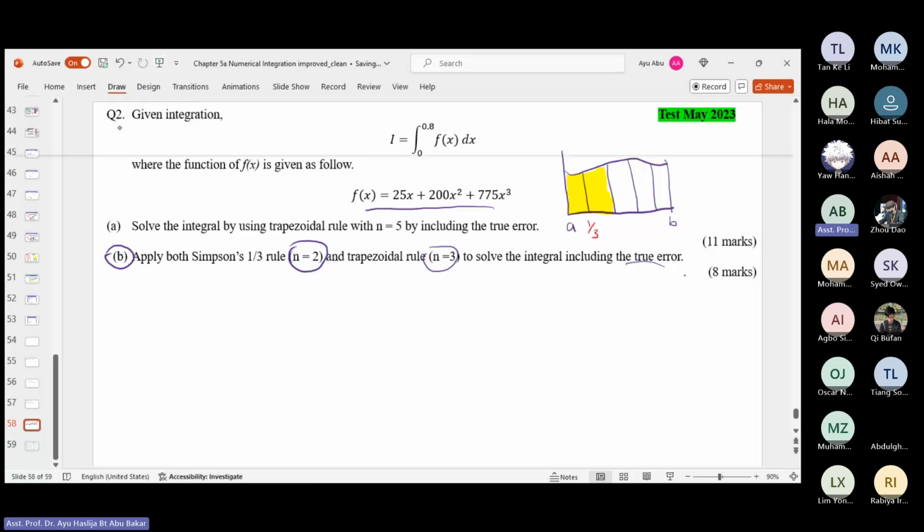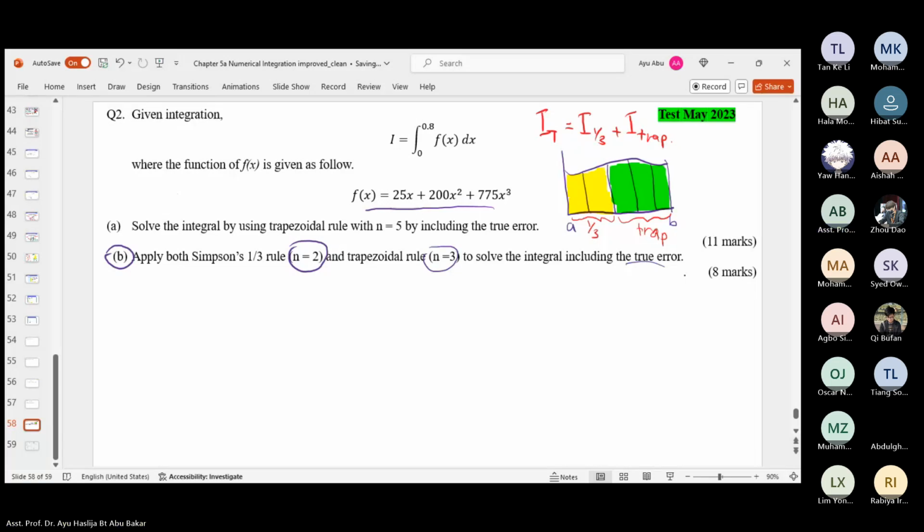The rest of the 3 segments use trapezoid. That is what the question means. So the green segment is 3 segments. So this part you should use trapezoid. So later on, your total integration is integration of 1/3 plus integration of trapezoid.